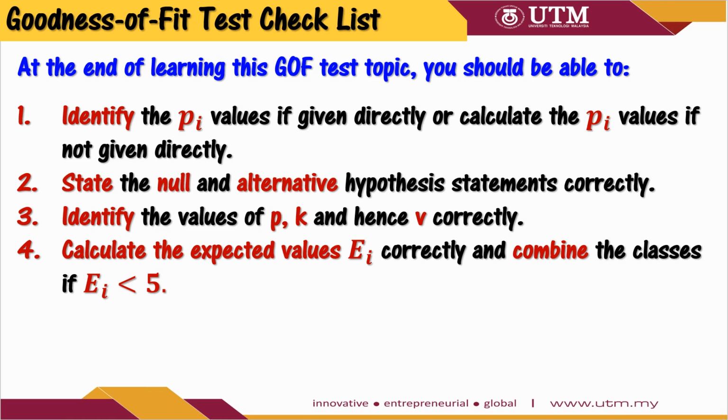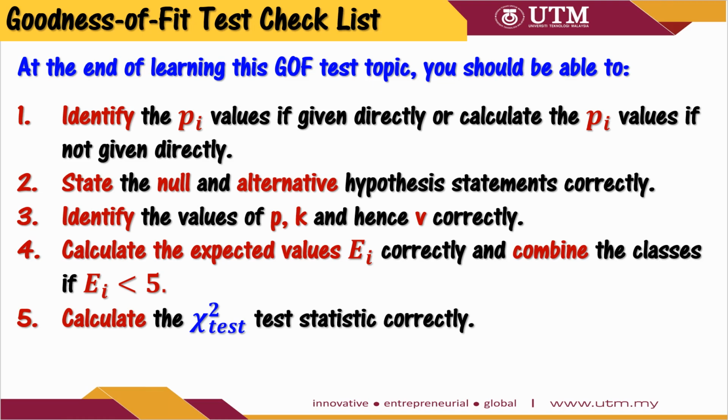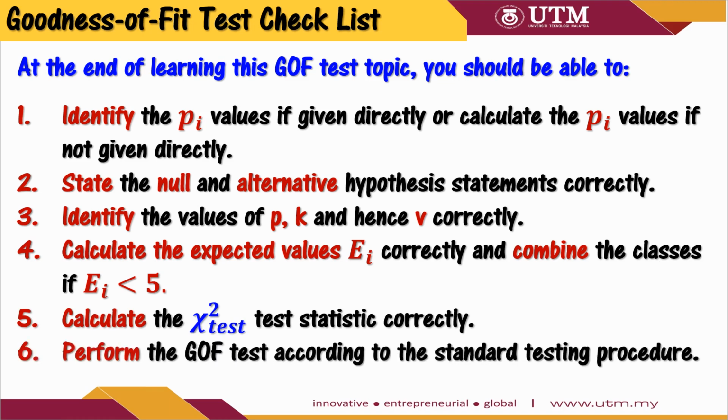Having made sure all EIs are at least 5, and the sums of OI and EI are the same, you should then be able to calculate the chi-square test statistic correctly. And finally, you should be able to perform the goodness of fit test according to the standard testing procedure where all elements in the test are included, such as the decision rule, decision statement, and conclusion.